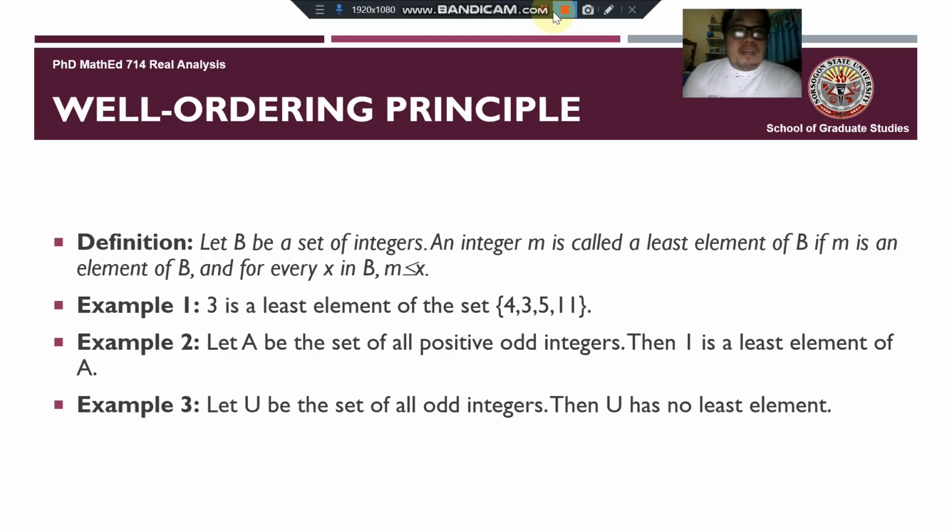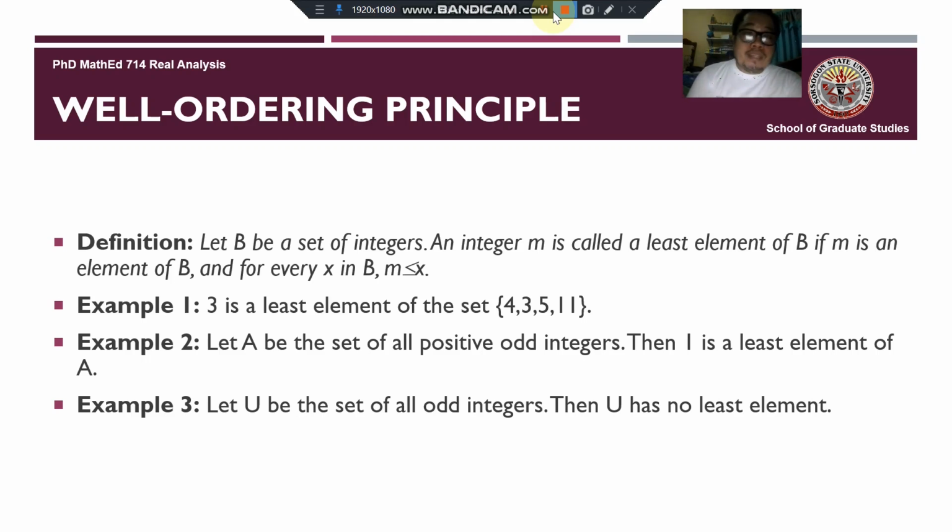Then what about, for example, number 3? We have let U be the set of all odd integers. Then U has no least element. Why is that?